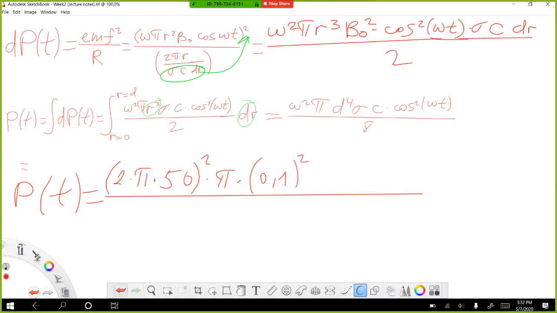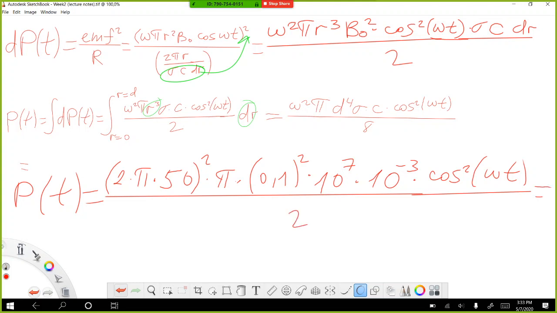This means 0.1 meter squared multiplied by sigma, which was 10 to the 7, multiplied by c, which was 1 millimeter, or 10 to the minus 3, multiplied by cosine squared. I'm writing omega t just not to write omega one more time.